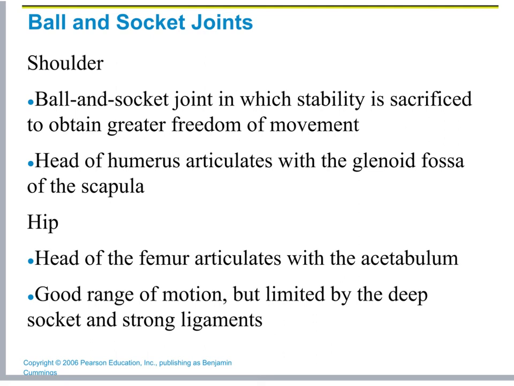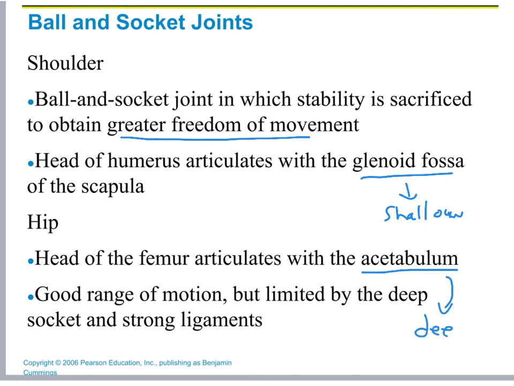This slide discusses what I mentioned a few minutes ago, the idea that the shoulder joint has a little bit greater freedom of movement than the hip joint, though they're both ball and socket joints. And the two principal reasons are, first, the socket in the shoulder is shallow, so the joint is not as stable as the hip joint, because the socket in the hip joint, the acetabulum, is rather deep.